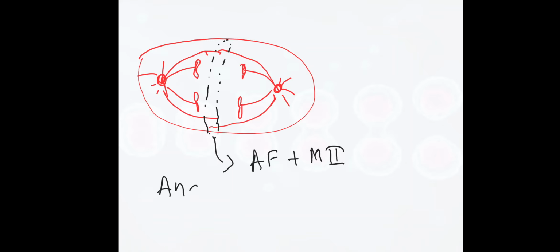What do I mean? It's like this. It is circumferentially outer. It is bound to the cytoplasmic face. This contractile ring is made up of actin filament plus myosin 2. This picture is of the anaphase stage.